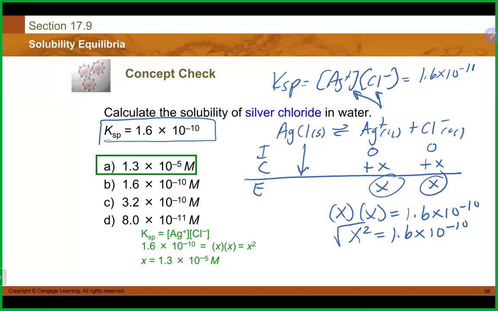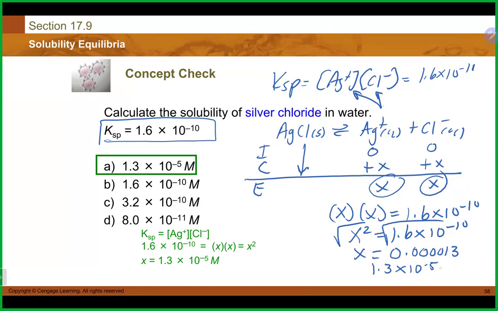A little square root action on both sides. That gives us an x at this point of 0.000013. I guess that is 1.3 times 10 to the minus 5. So what is the solubility of this silver chloride?